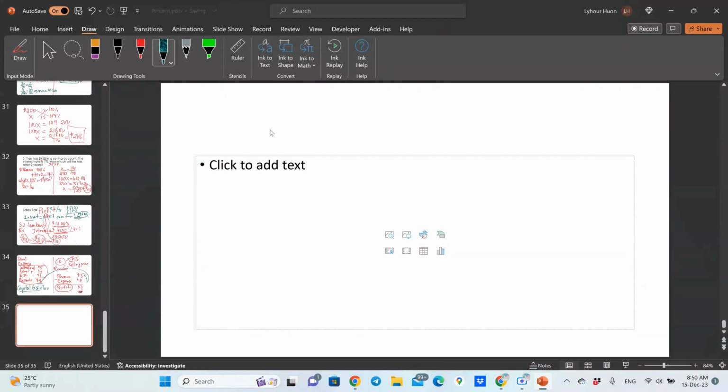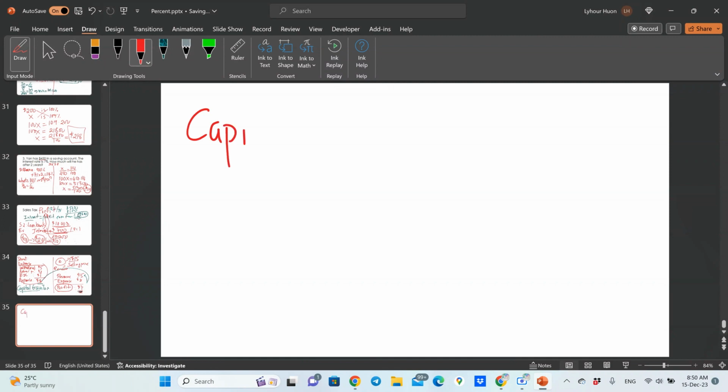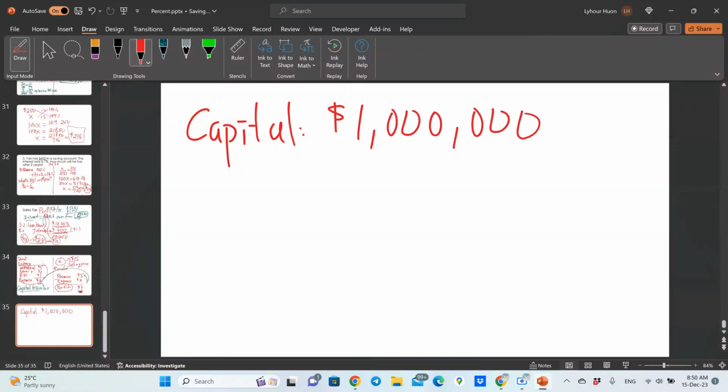What about government tax? Okay, so first, let's say now your capital worth is $1 million, and you are doing business. Let's say this is in 2023, and in 2024, your capital worth is $1,900,000.